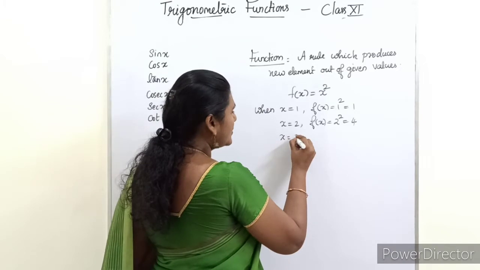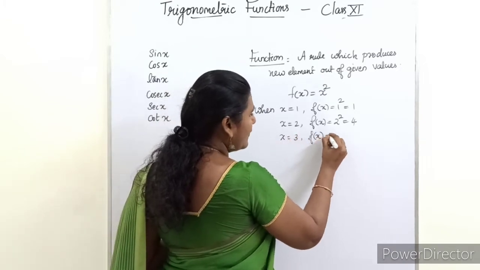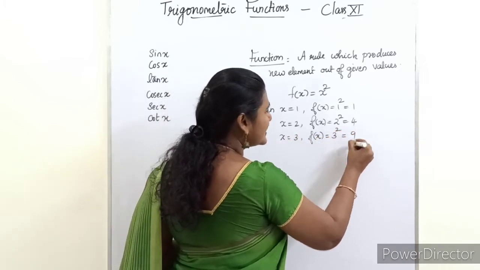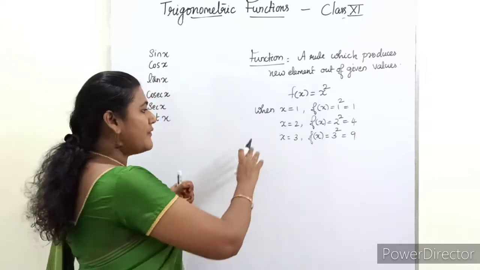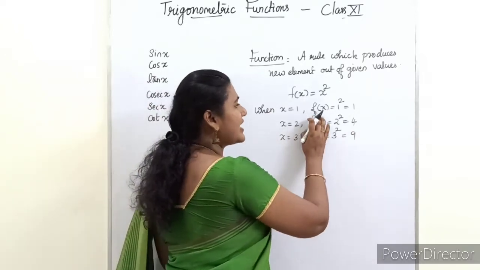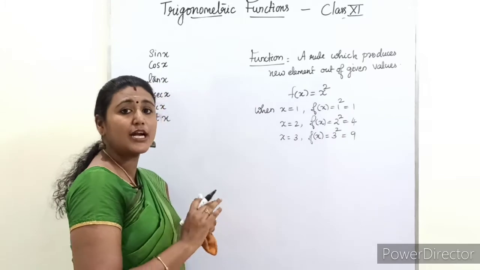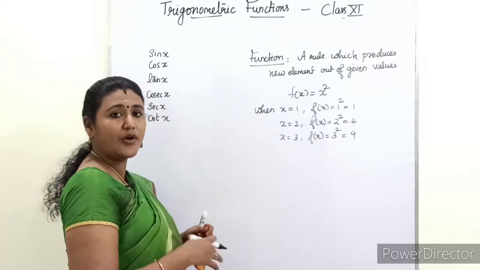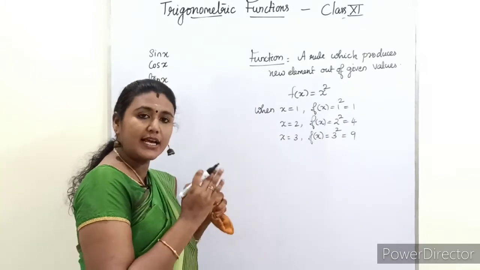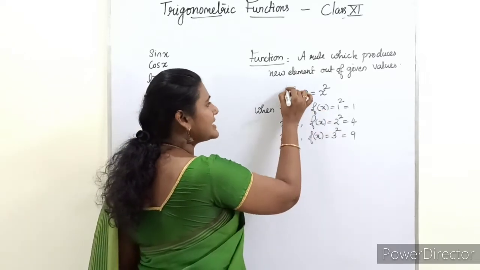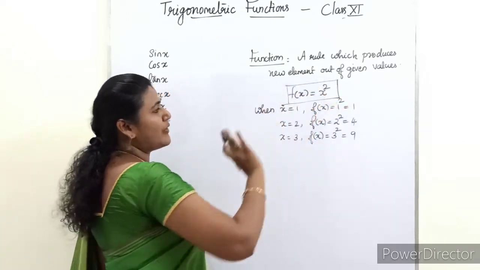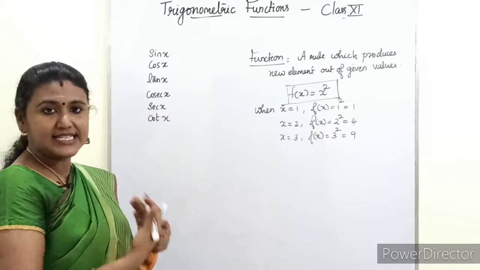When x is equal to 3, I get 3 square, which is 9. So for every value of x we are getting a new number, and that too a unique element. We are not getting double values, we are getting a unique f of x. So we can say this rule is a function.